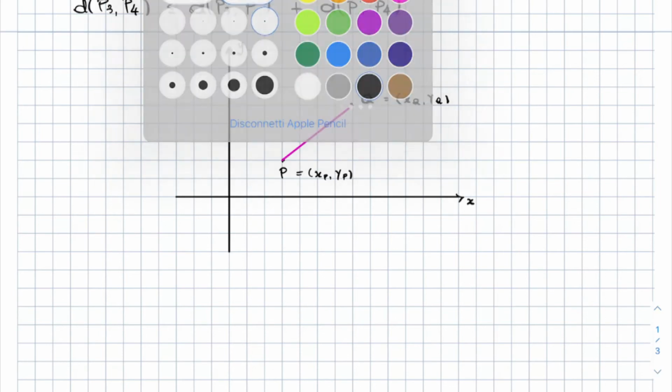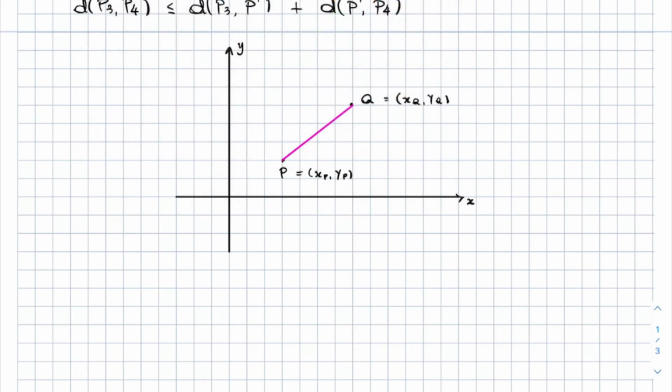We want to compute the length of this segment using the formula we just defined. So we have to take a point, or more than one, on this line. Let's say we take a point here, P prime, and we want to compute the sum of the distance between P and P prime plus the distance between P prime and Q.